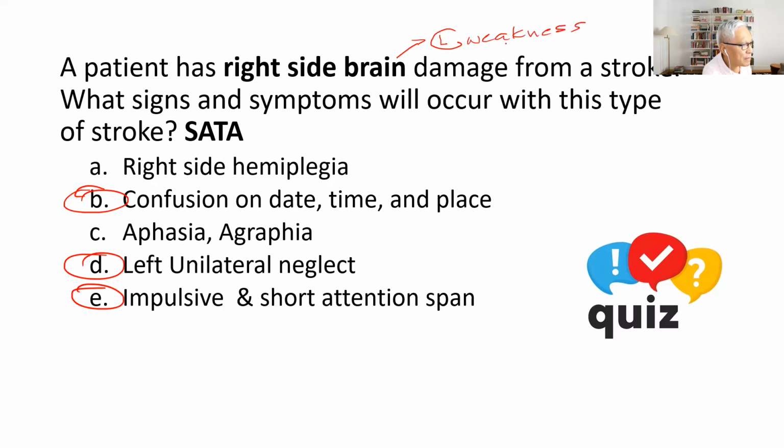Left side hemiplegia. So this is going to be incorrect. They are not able to language, L for language, and therefore this is more for left-sided brain injury. The correct answers here are B, D, and E: impulsive, short attention span, and left neglect, meaning they forget that they have a left side.